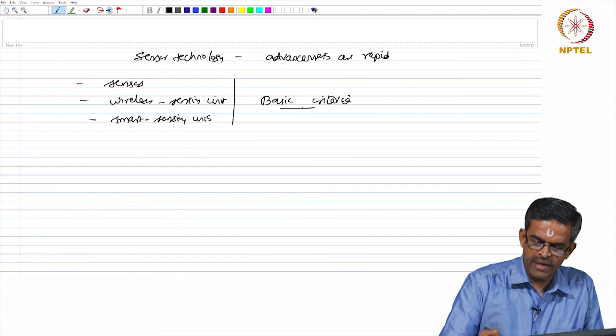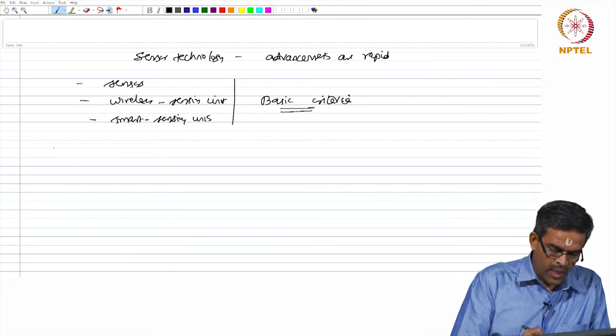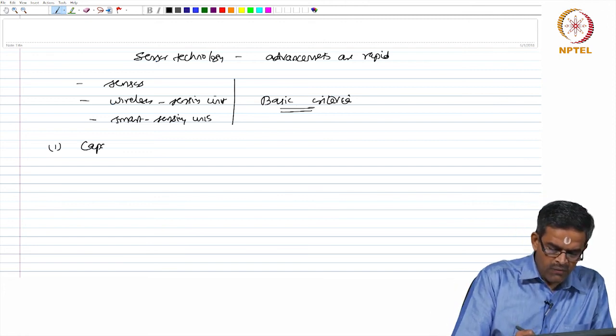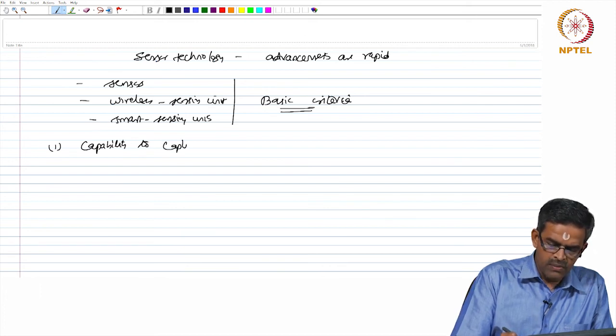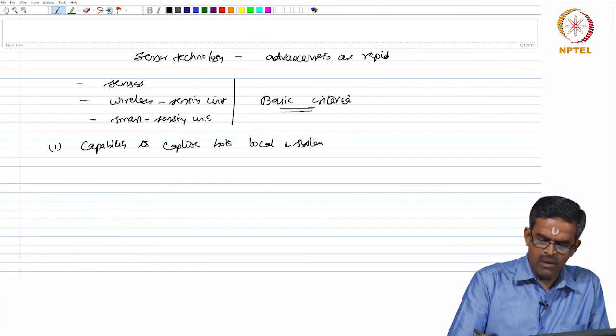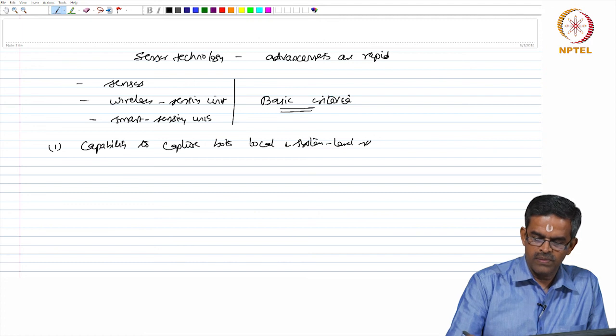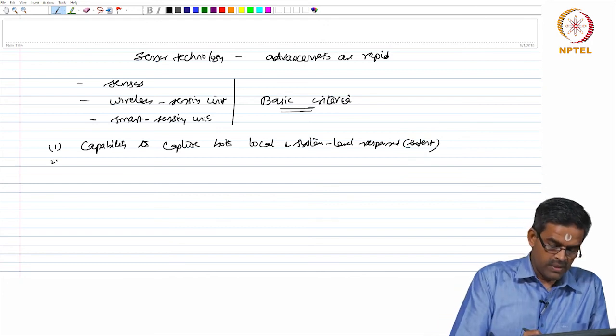What is the basic criteria which we must check before we select these types of sensors? First, we should check for the capability to capture both local and system level responses. This is what we check as extent of measurement.